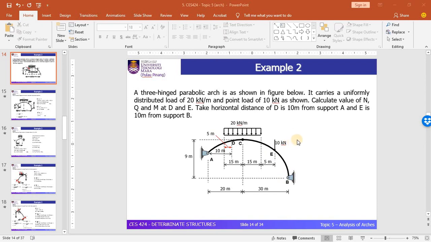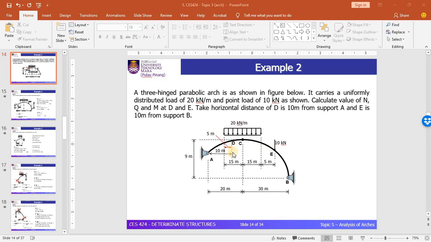Based on these examples, we will see how we can analyze the internal forces at the two points, which are point D and point E, based on different load conditions. As an introduction, I would like to highlight that at point E, you need to consider two conditions of internal forces, which is with point load and without point load.